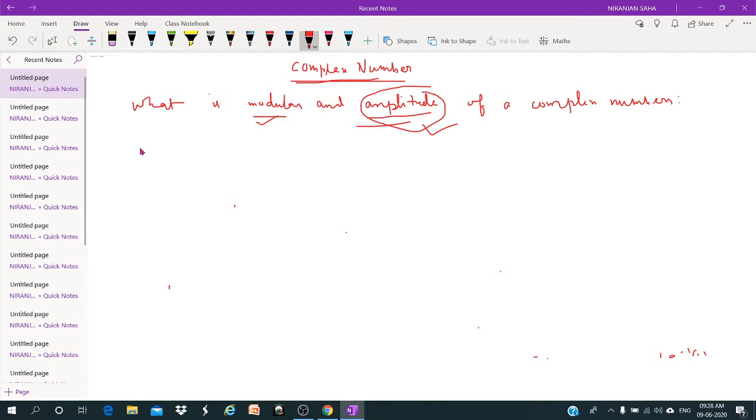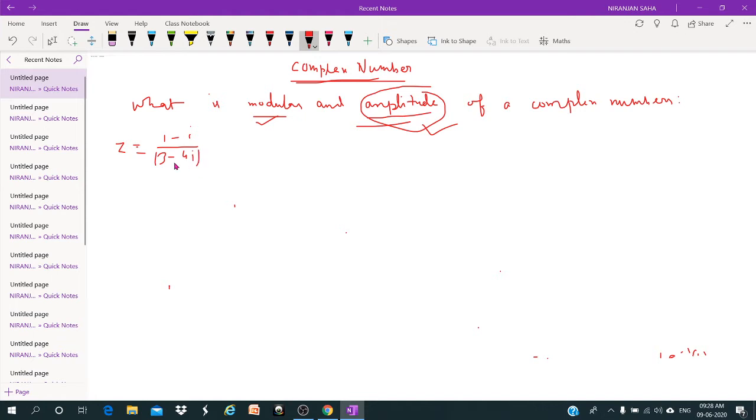Given 1 minus iota upon 3 minus 4 iota. So again we have to use the conjugate of the denominator. If we take this as z, then what will be the conjugate of 3 minus 4 iota?